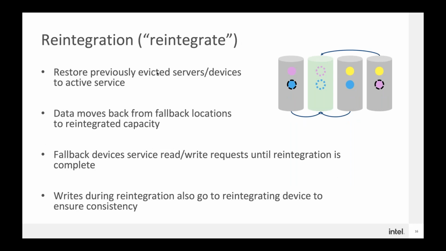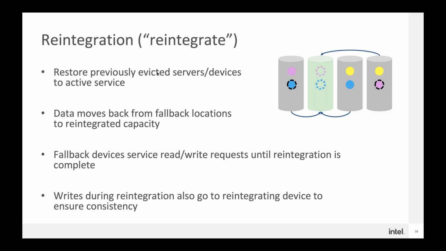In the self-healing system, the core protocol is called rebuild, and it is mainly for data recovery of storage node or device failure. However, the same protocol can be applied to another use case. This use case is called reintegration. It is really about how to bring a node back after either automated eviction or manual eviction.